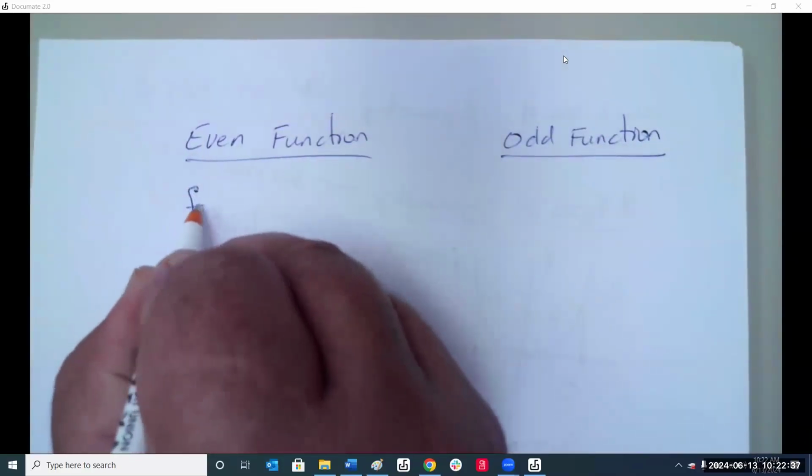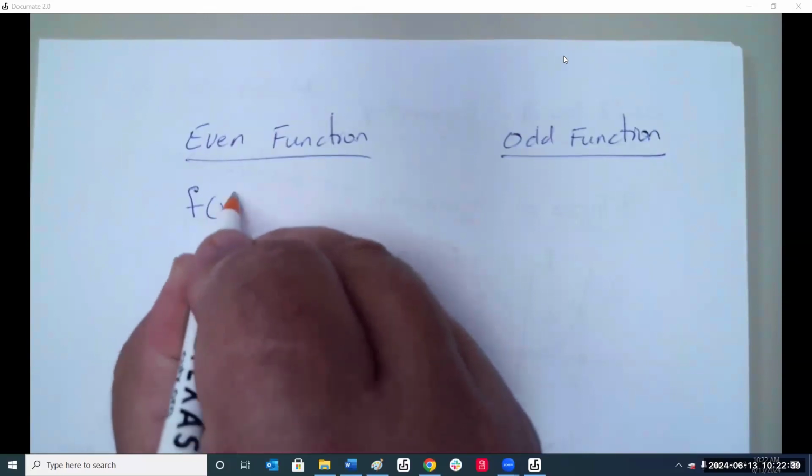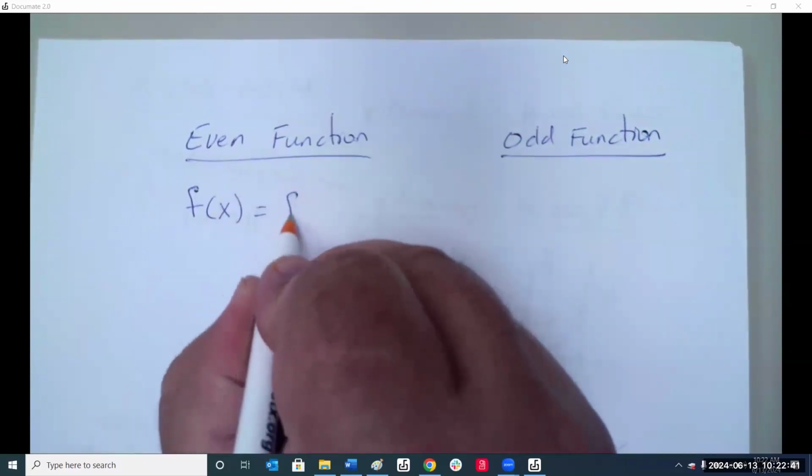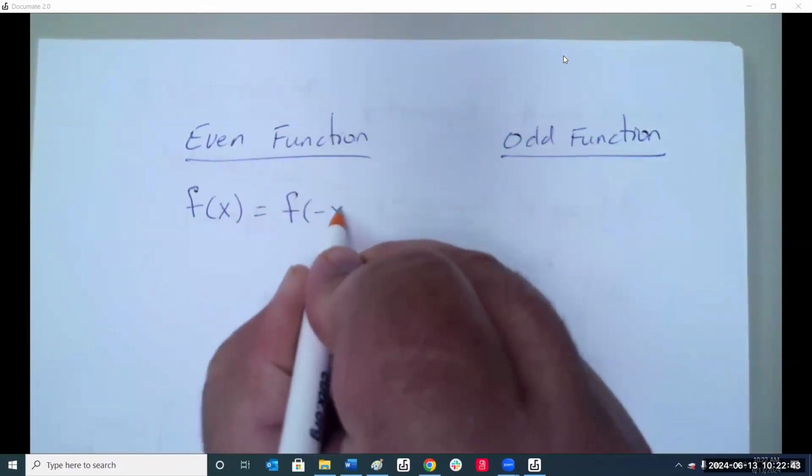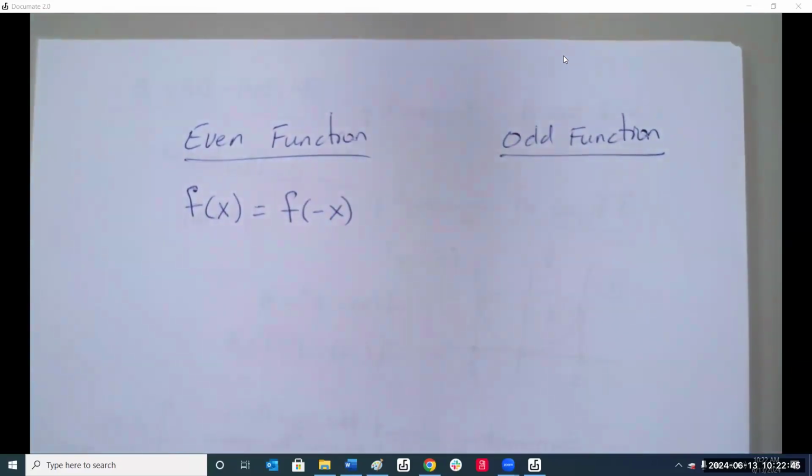An even function is if you place the same values but different signs inside there and you get the same answer.